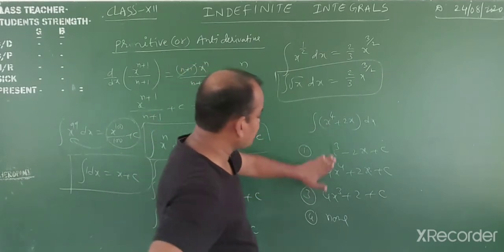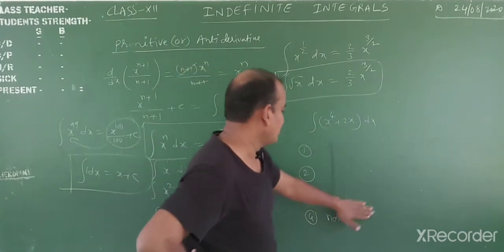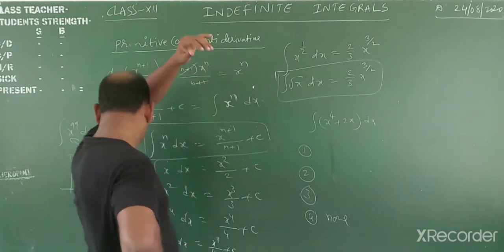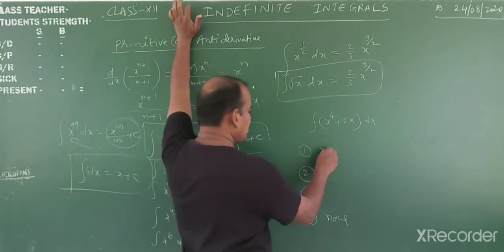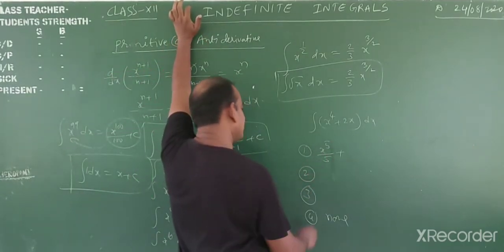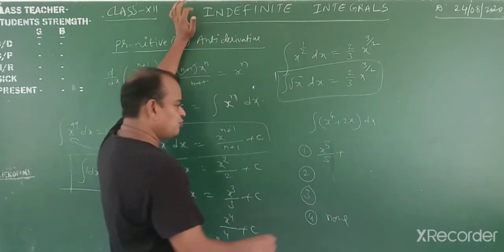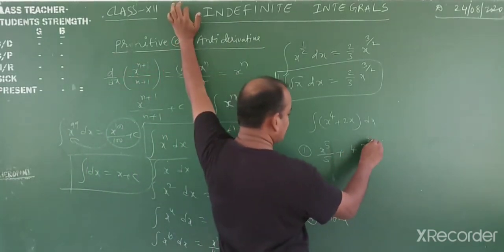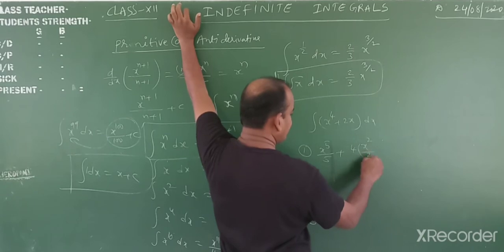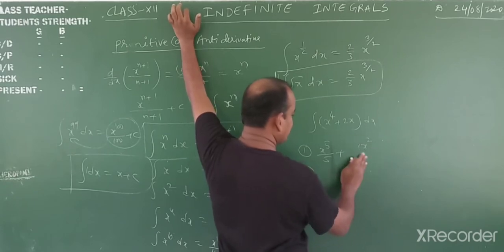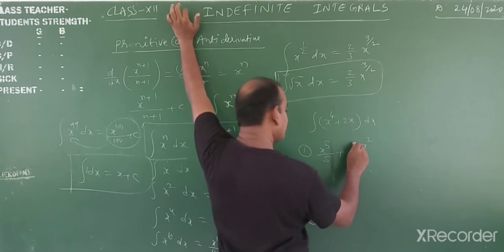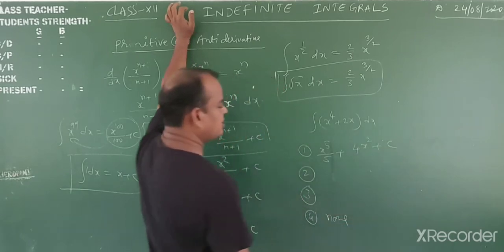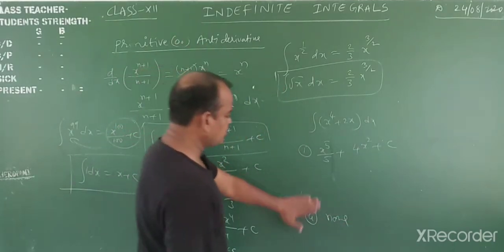Sorry, I will write here in this way. How to get x^4? x^5 by 5 plus x square by 2, 4x square by 2 or 2x square, whatever it may be, plus c. Suppose this option is there.